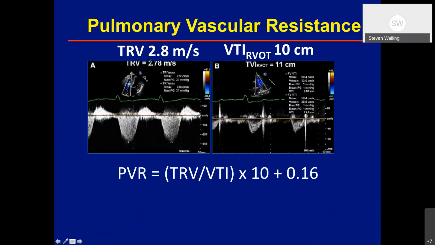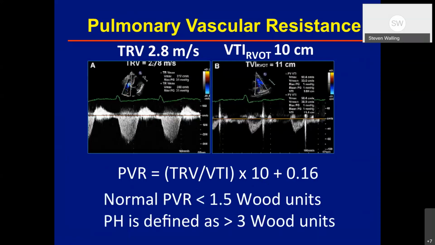So basically it's 2.8 divided by 10 times 10. So it's roughly 2.8. It's just a rough number. I think it's very handy when you think about whether someone has a really significant increase in pulmonary vascular resistance. The normal PVR should be anywhere between 1 and 2. And for pulmonary hypertension, the definition is greater than 3 Wood units.